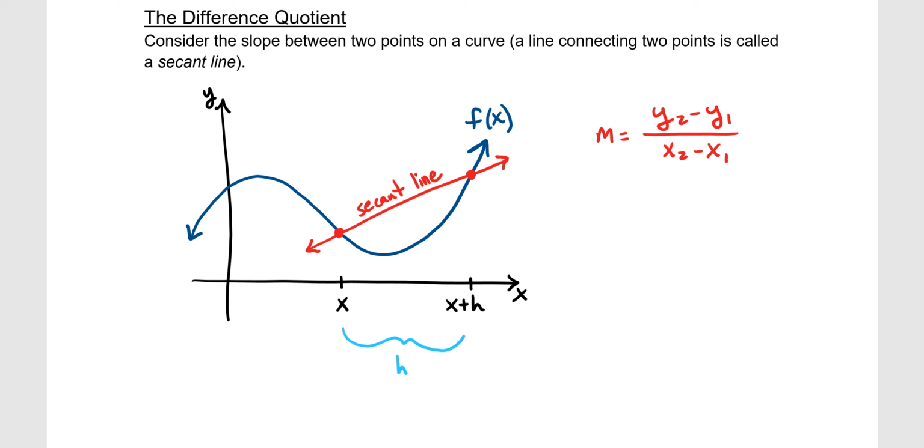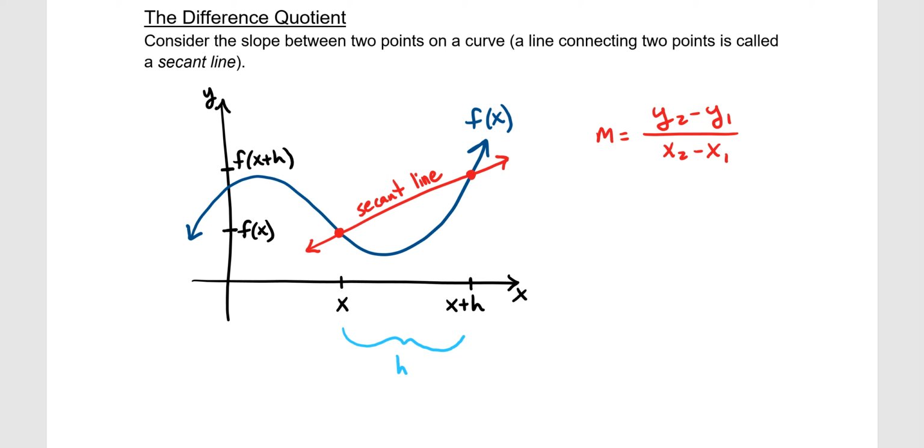Well, if our function is f of x, the y value for just x here is going to be the function evaluated at that point, f of x. So not very helpful. For the other point, x plus h, that's going to be this y value over here, which is going to be f of x plus h.